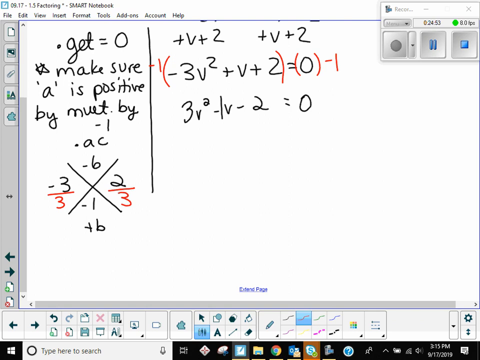What is -3 divided by 3? -1. And then the 2/3 doesn't simplify, so I'm going to leave it alone. And now from this step, I make my factors. I say, okay, v with a -1 from that factor, and then v with a positive 2/3 from that one.